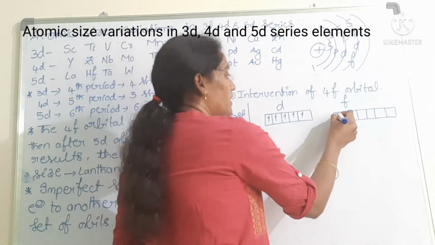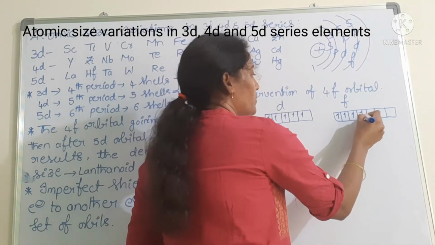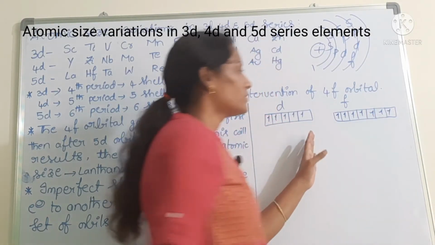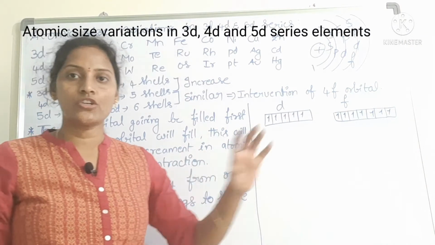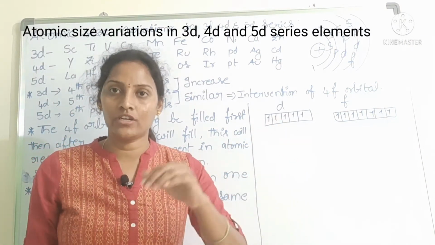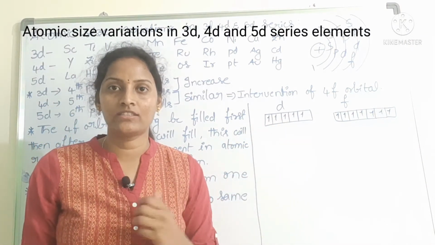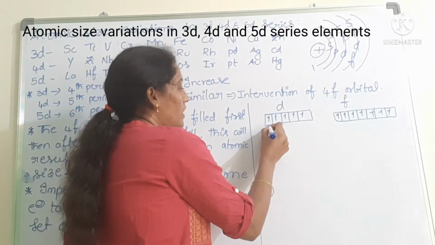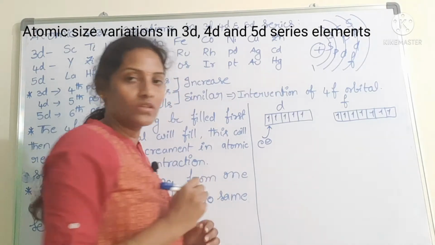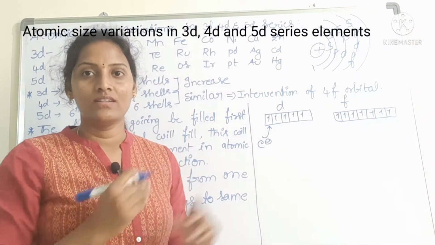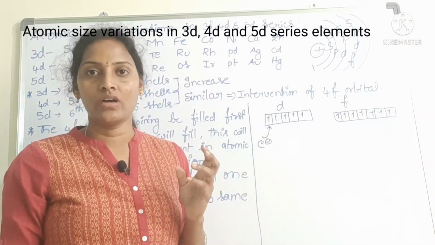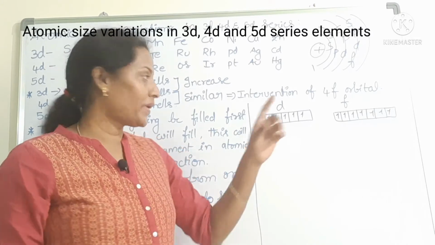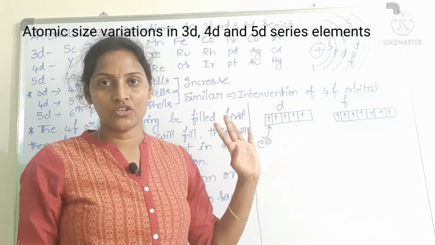In the same way, f also. After completion of partial filling, the electrons need to pair up with another electron. At that time, the electron coming from outside to enter that degenerate orbital needs to pair up with the inner electron.